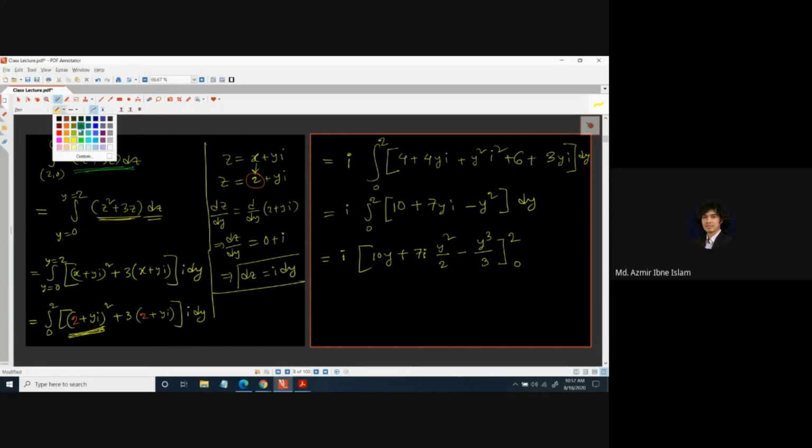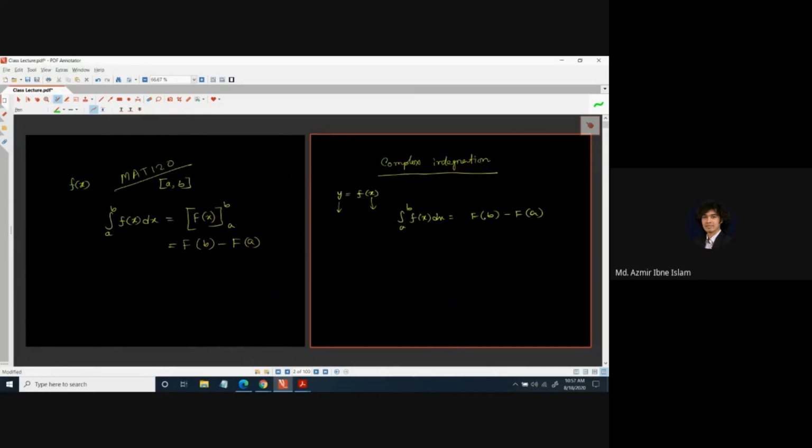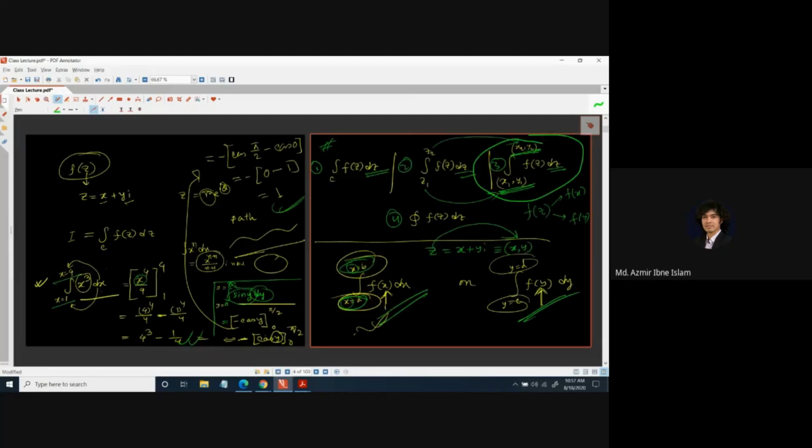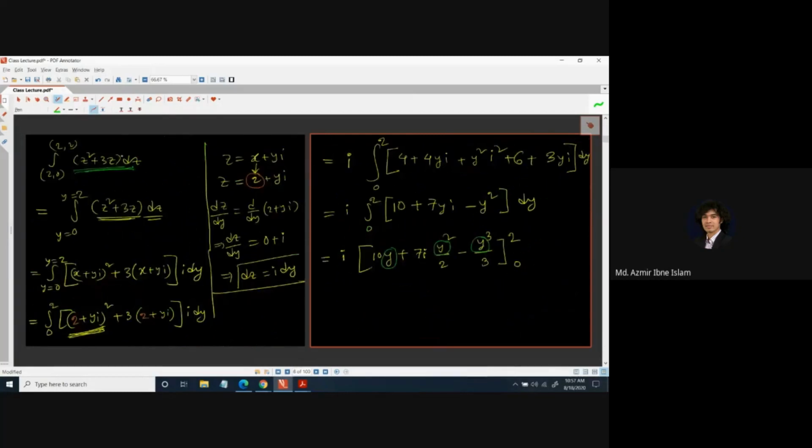So at first, try to understand this is our input, and the fundamental theorem of calculus says that the antiderivative at the upper limit and the antiderivative at the lower limit, and these two parts will be subtracted.